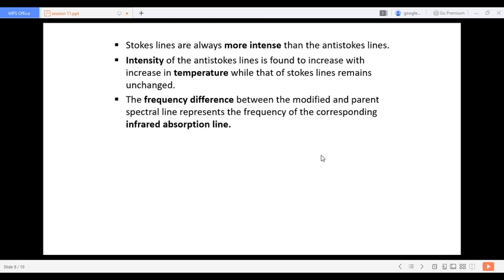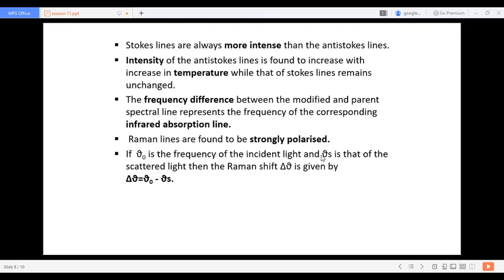The frequency difference between the modified and the parent spectral line represents the frequency of the corresponding infrared absorption line. Raman lines are found to be strongly polarized.